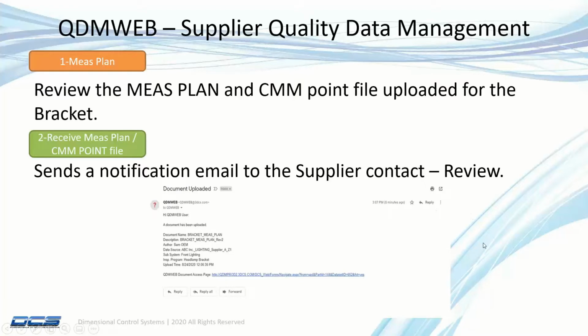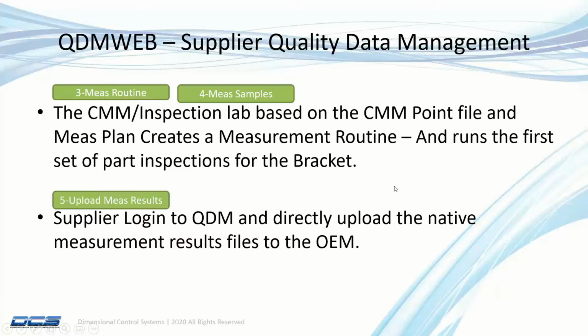So this component now is being sent as an email and a text to the supplier contact. Now we go to the next part of that loop, which is the supplier needs to measure these and use this measurement routine, measure the samples, and upload the measurement results.